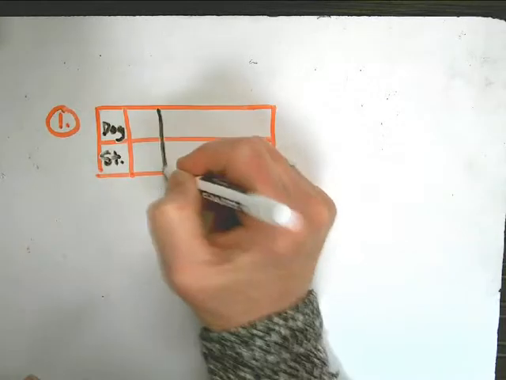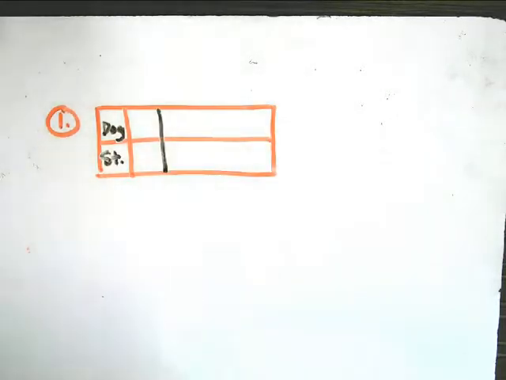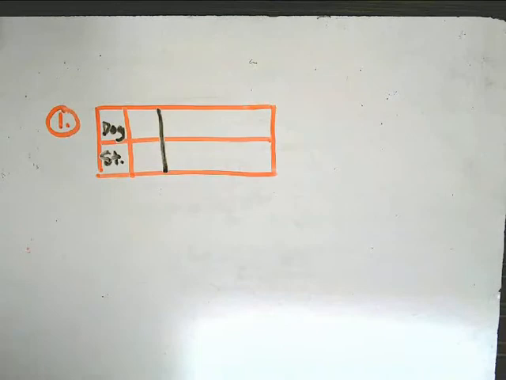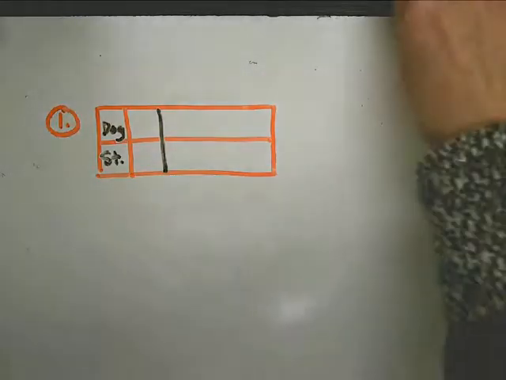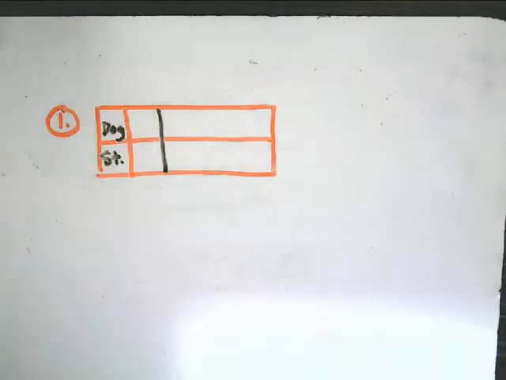So what did they tell us about the students and the dogs? Dante? Right off the bat, they told us what? Right off the bat, what did they tell us in number one about the dogs and the students?